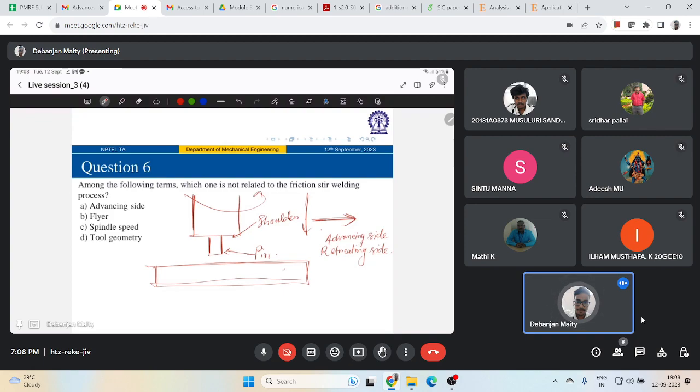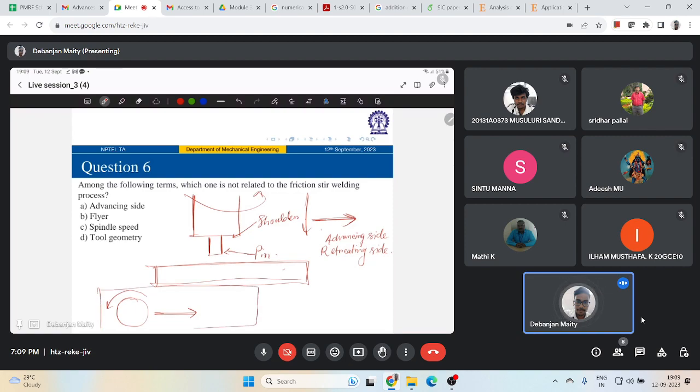The advancing side is the side which has a similar sense of tool rotation and the traverse direction. So let's say this is the top view, right? And this is the direction of rotation, and this is traversing in this direction.